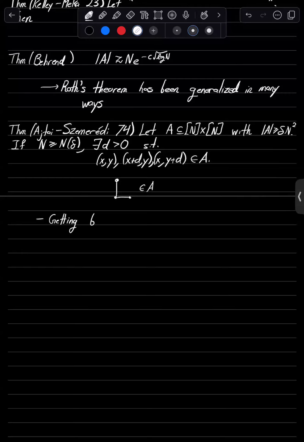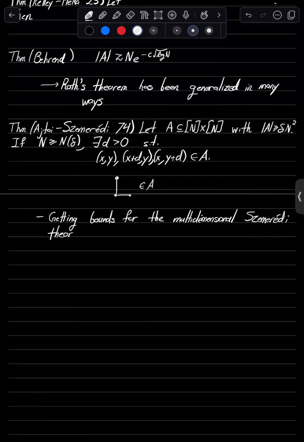So getting bounds for the multidimensional Szemerédi theorem is a key open research direction.